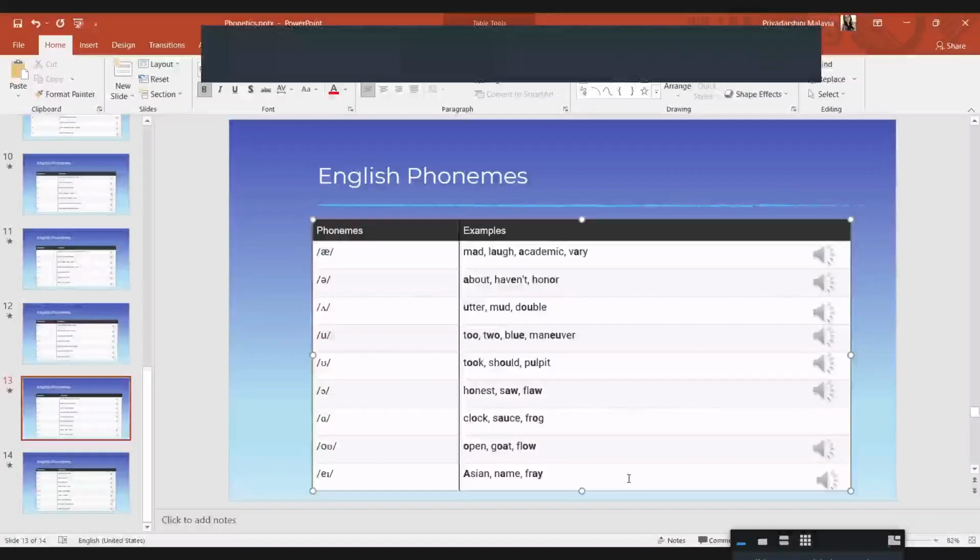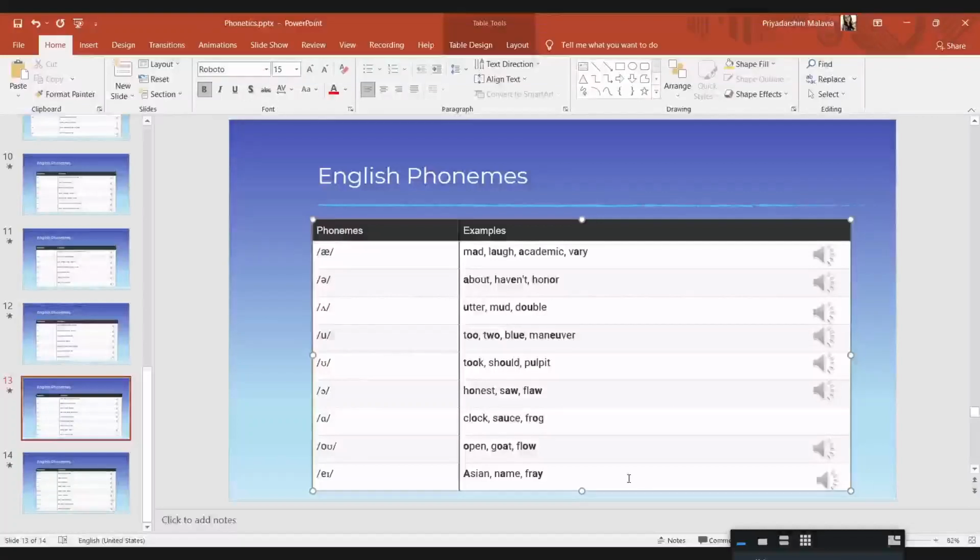Ma'am, one more thing: we pronounce it goat here, but in the US they pronounce it differently. Exactly, right. Most of these phonemes are based on US and UK pronunciations, because they are the most common forms of English speaking in general.